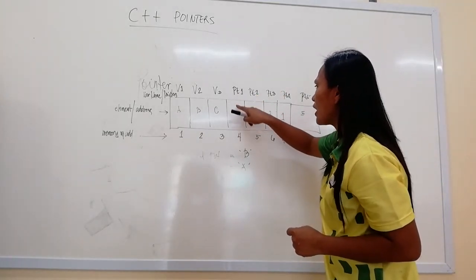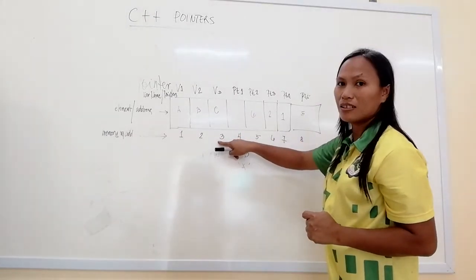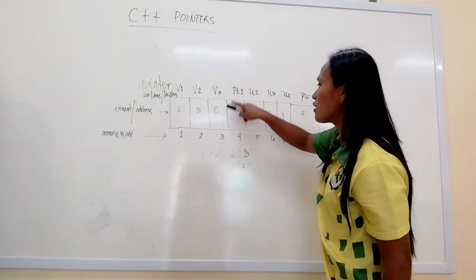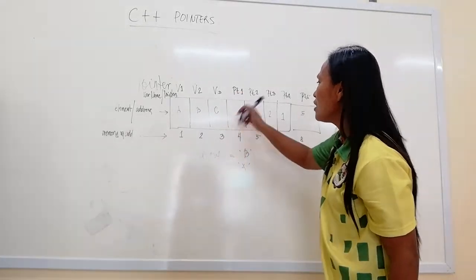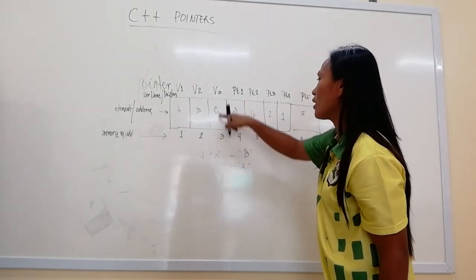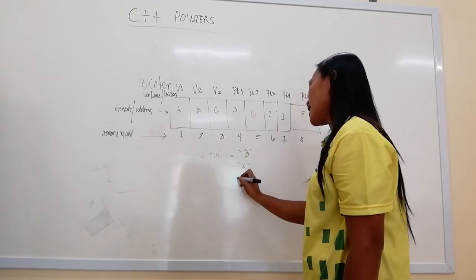Assuming that pointer 1 points to the address of variable 3, what is the address of variable 3? The address of variable 3 is 3. So, we have to indicate 3 here, which points to variable 3, which contains the value of C.